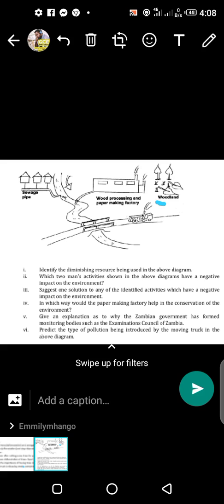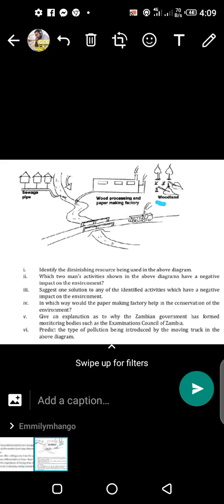The role of the Examination Council of Zambia is to regulate the cutting of trees. Okay, it controls deforestation, and it also educates people on the importance of planting new trees.